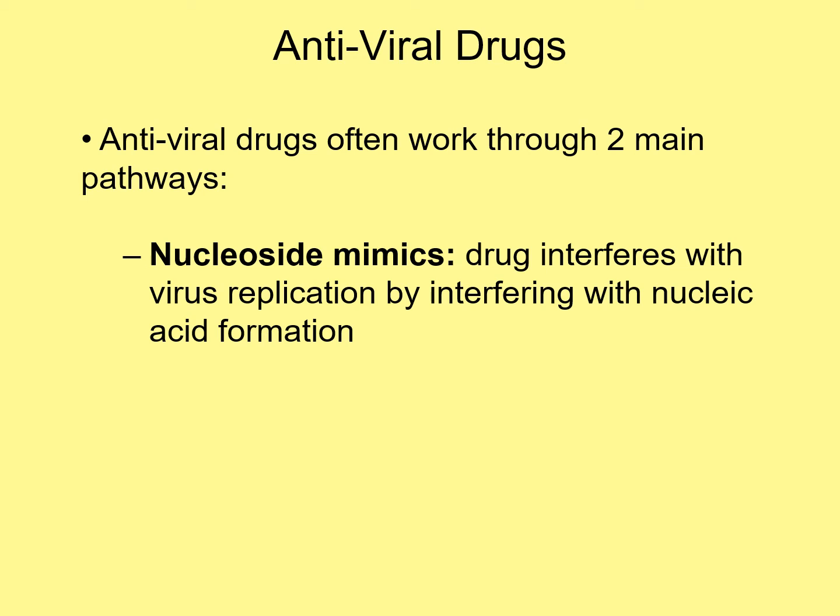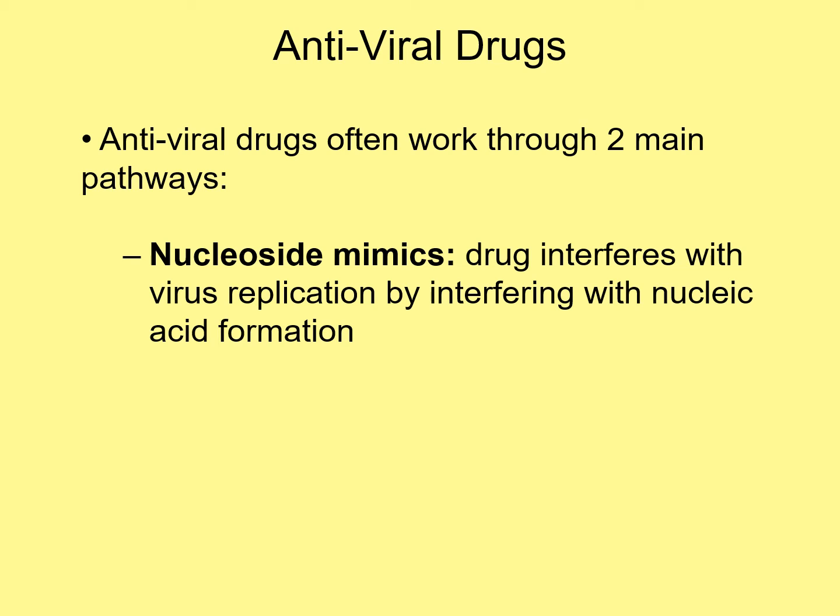So nucleoside analogs can be used by viral enzymes in replicating, for example, RNA, and they will not be used by host DNA polymerases. Essentially what happens is the RNA polymerase grabs a nucleoside mimic, adds it on to the chain of the RNA that it's constructing, and then it goes to grab another nucleoside and discovers, oh wait, I can't form the bond.